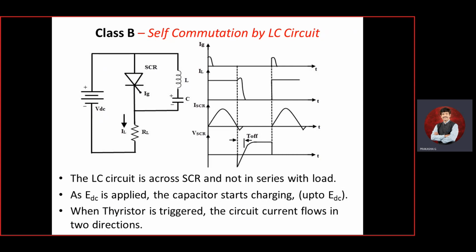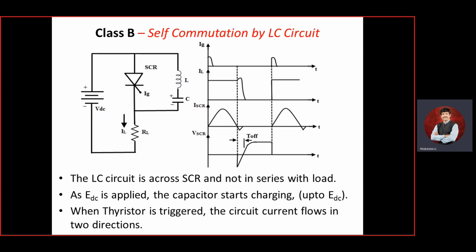So the capacitor is also forward biased, and the thyristor is also forward biased. But compared to the capacitor, the thyristor will work only when we apply the IG. Until we apply the IG, the thyristor will not conduct. We should have a firing angle, a triggering pulse.